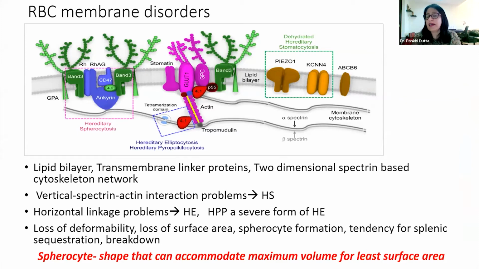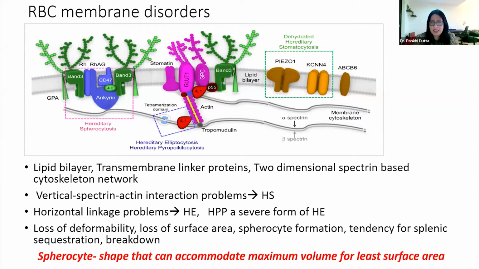Then in hereditary stomatocytosis, both dehydrated and overhydrated forms, splenectomy is an absolute no-no because they are often associated, post-splenectomy, even more with thromboembolic phenomena. So in some situations, we might need to investigate further. One needs to know more, and therefore, one has to have some basic knowledge of all the proteins.